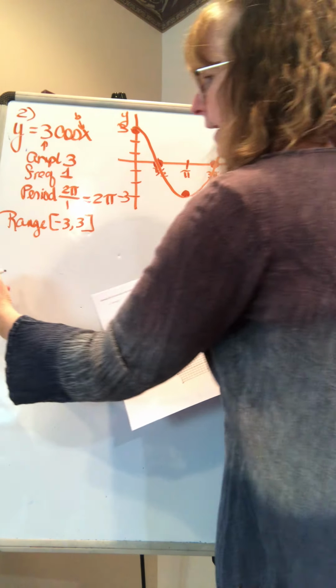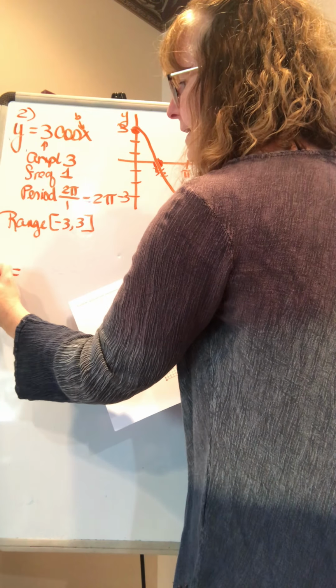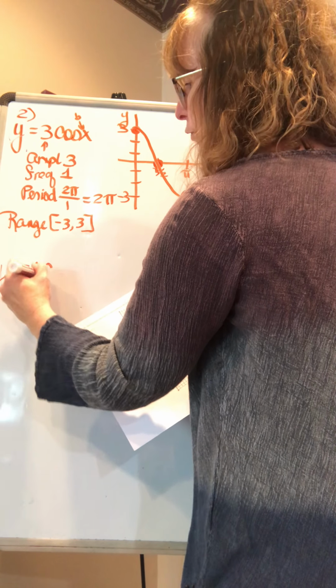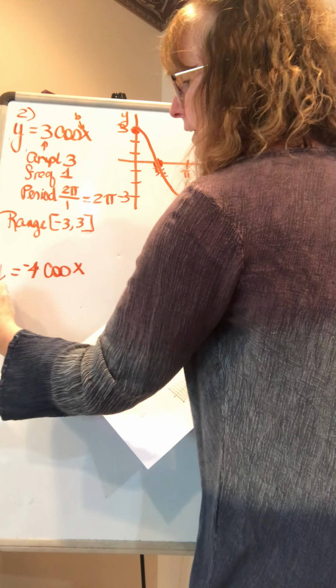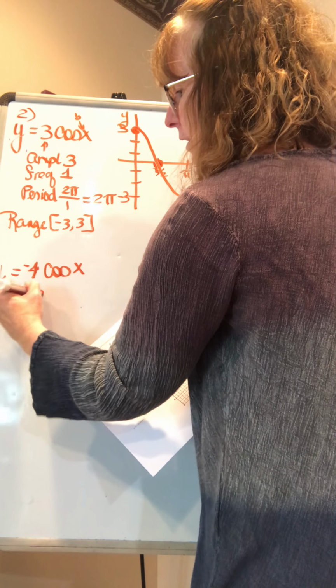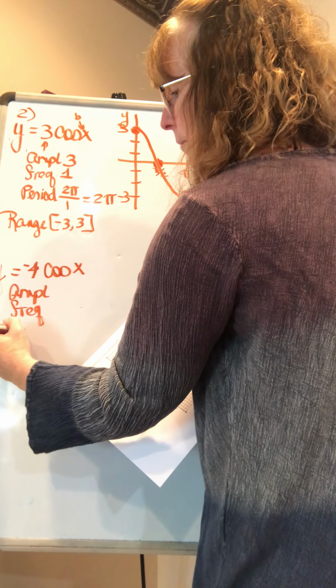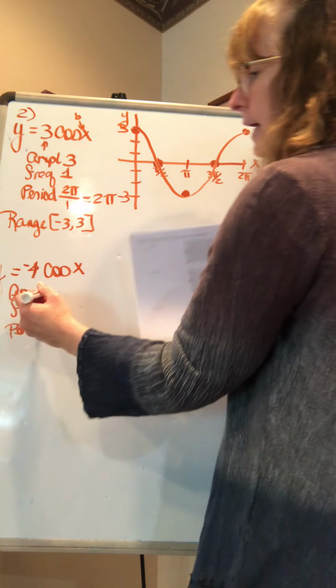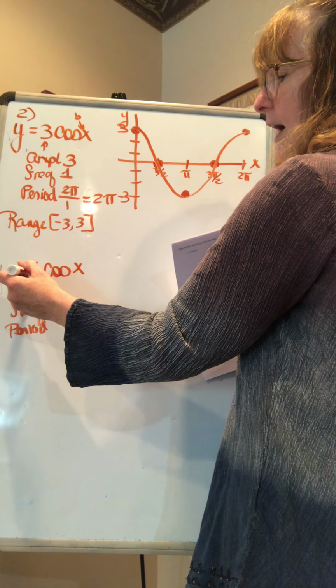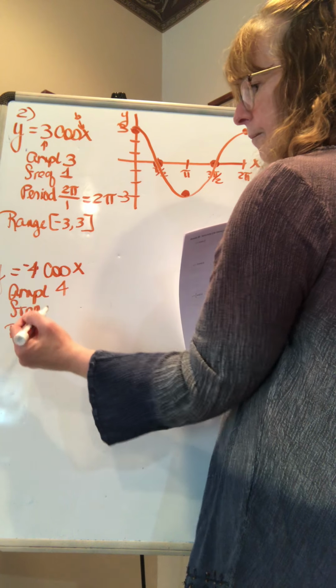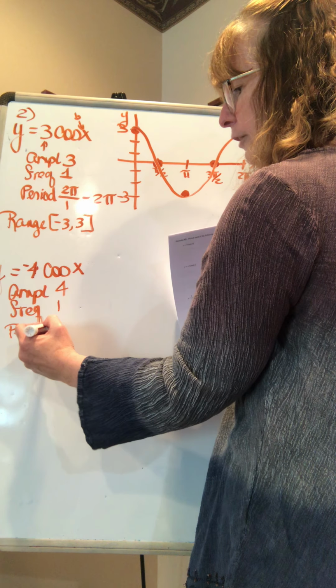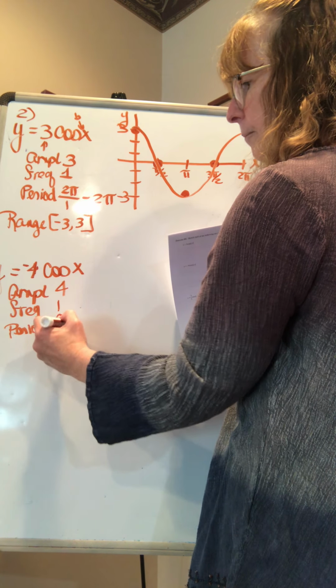If you look at the second example where it says -4 cosine of x, well, again, my amplitude, my frequency, and my period must be labeled. My amplitude is the absolute value, which is 4. My frequency is 1, so my period is 2 pi.